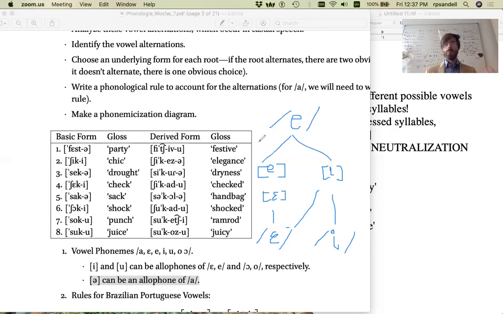So notice that we're already working out a hypothesis about the underlying representations without having written up a rule.